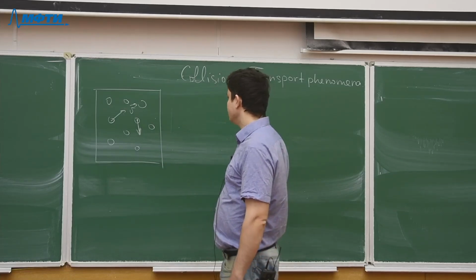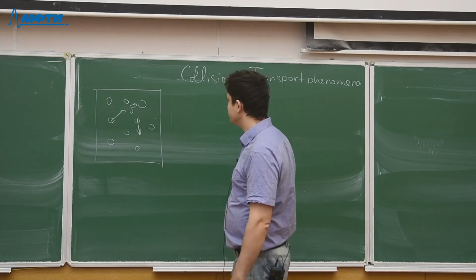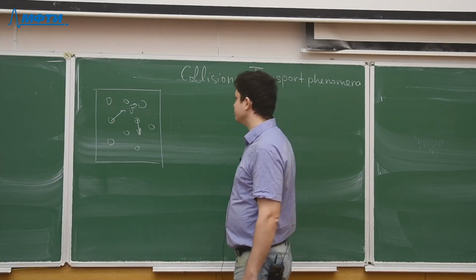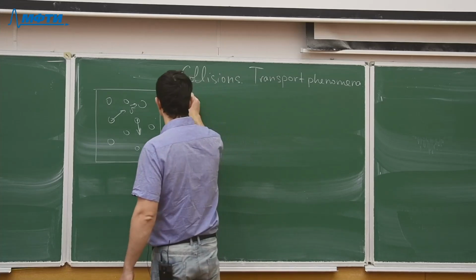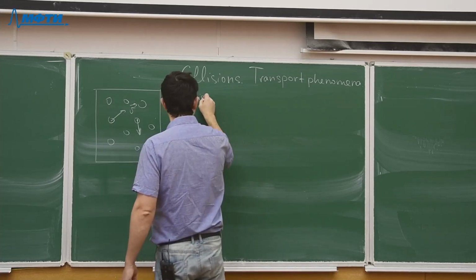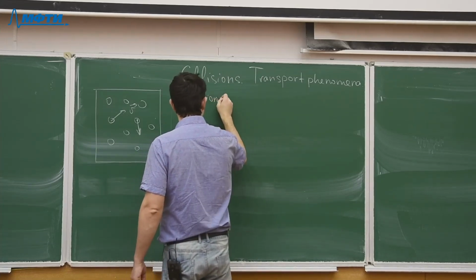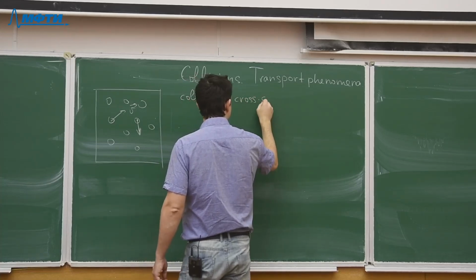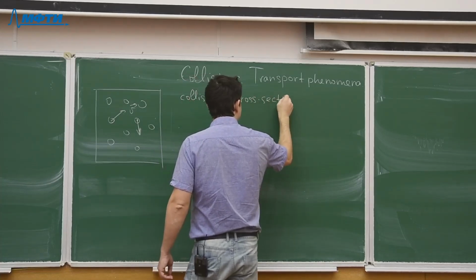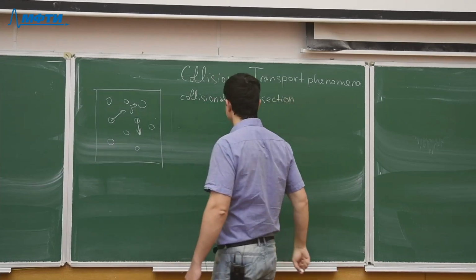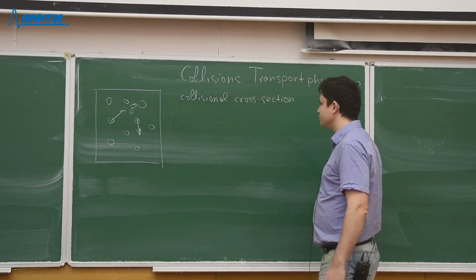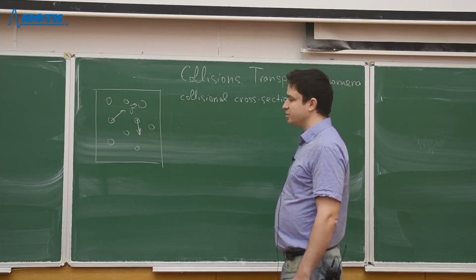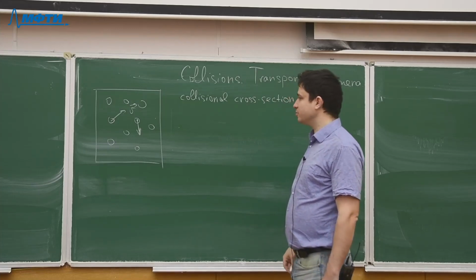And the first quantity we want to introduce in order to describe collisions is a so-called collisional cross-section. So you might wonder what this actually is. Let's start first with the concept of just a cross-section.